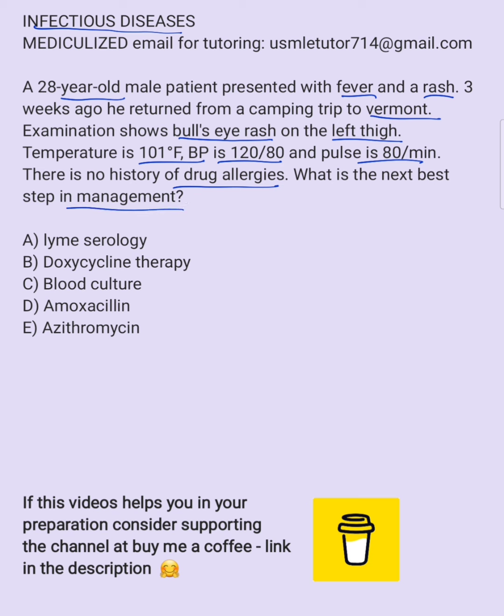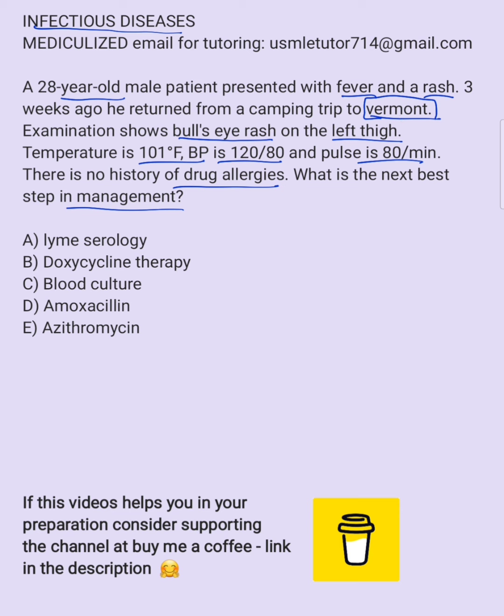Let's talk about the different options. First is Lyme serology. Remember, this case definitely looks like a Lyme disease case, because there is fever, there is rash, and also the patient recently went to a Lyme endemic state, Vermont. Remember, New Jersey, New York, Massachusetts, and also there are others like Wisconsin.